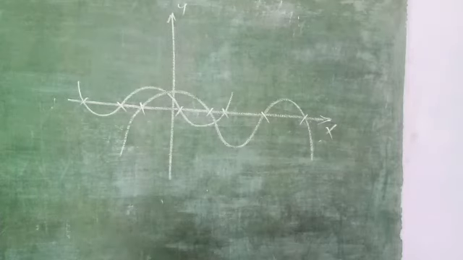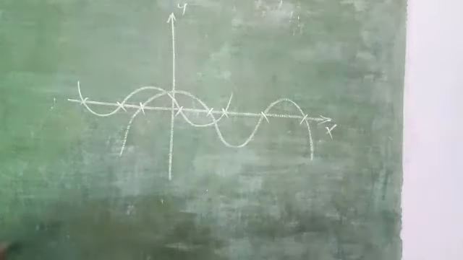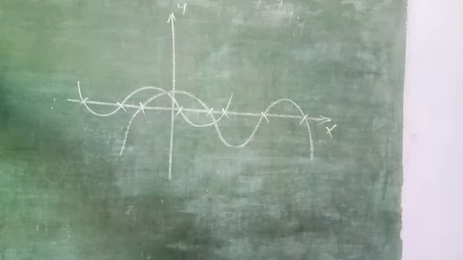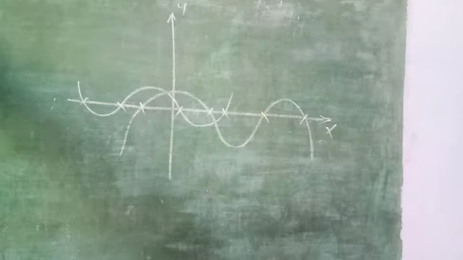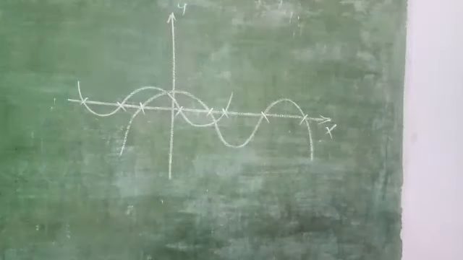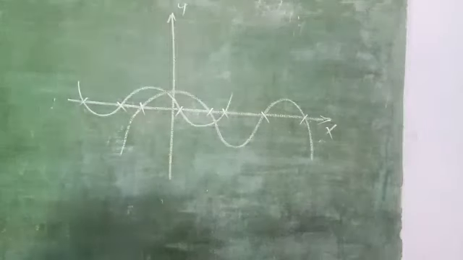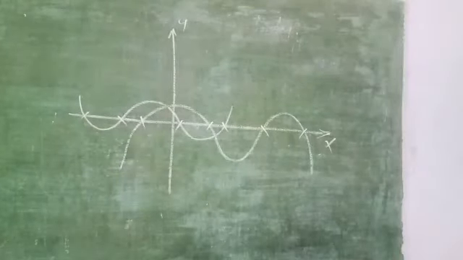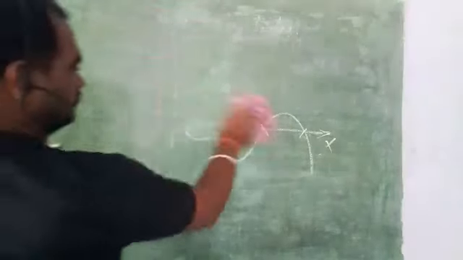It can be upward or downward. If they are not touching, not intersecting the x-axis, means the quadratic polynomial has imaginary zeros. But if the graph is touching or cutting the x-axis, then it will have real zeros. The graph of the cubic polynomial intersects the x-axis 3 times. The graph of the biquadratic polynomial intersects the x-axis 4 times. So these are the types of graphs of the polynomials.